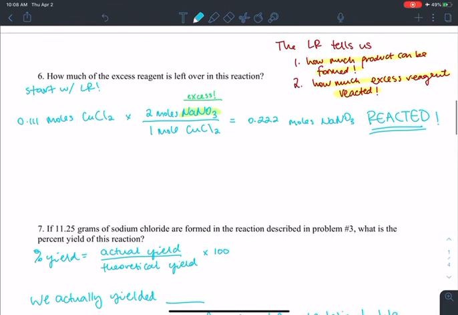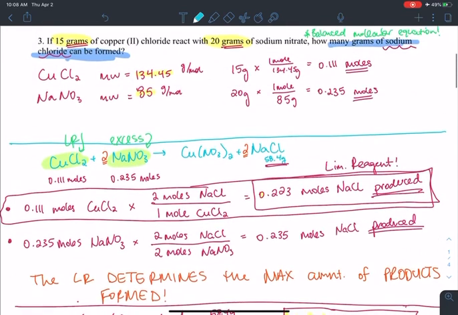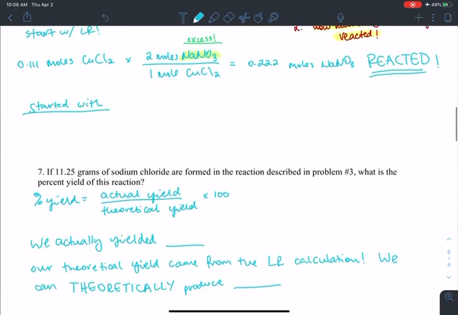Well, we started with, I think it was 20 grams. Yep. We started with 20 grams of sodium nitrate before the reaction started. And that was 0.235 moles.